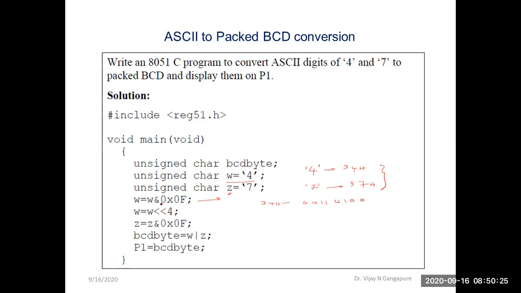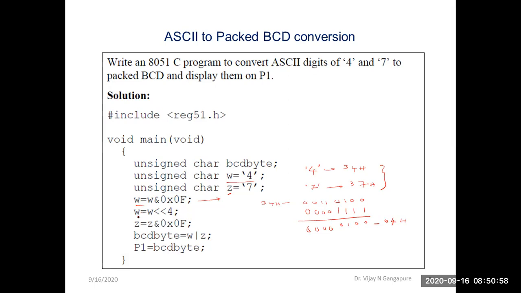It is being bitwise ANDed with 0x0F. 0x0F means 0 is 0000 and F is 1111. So the bitwise AND operation produces 0000 0100, and the upper 4 bits will be 0, because anything ANDed with 0 is 0. So it is producing 04H in W.